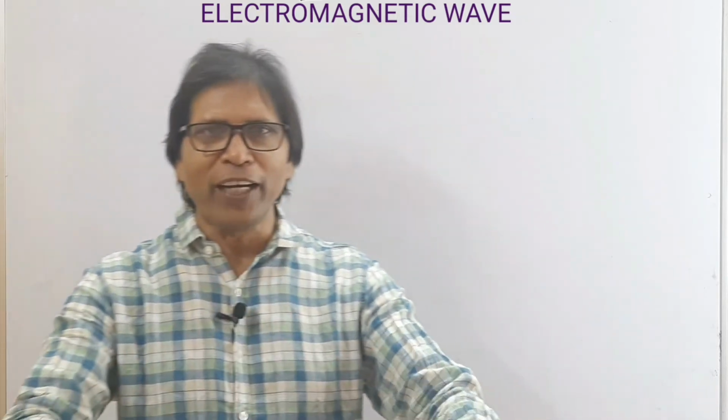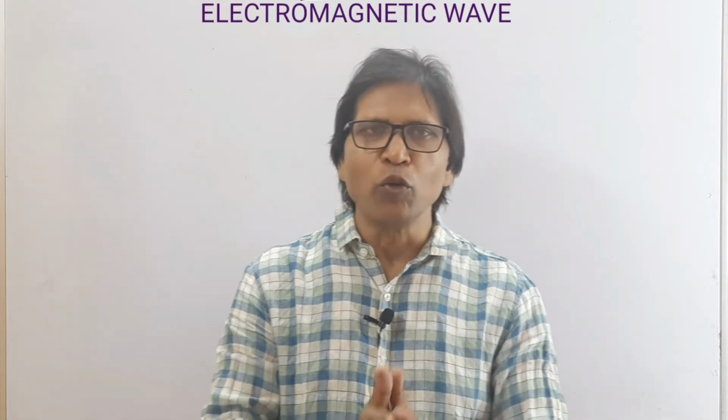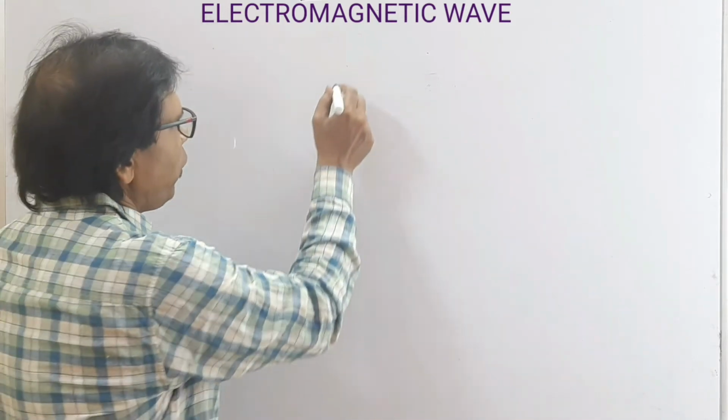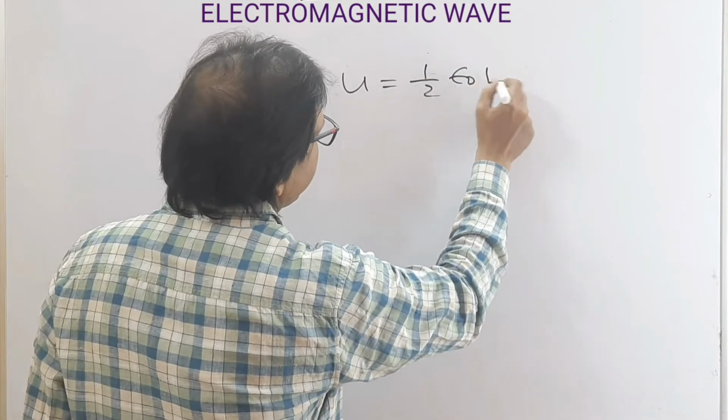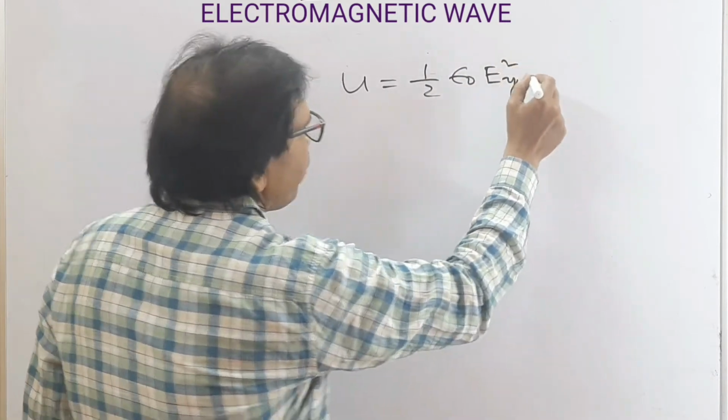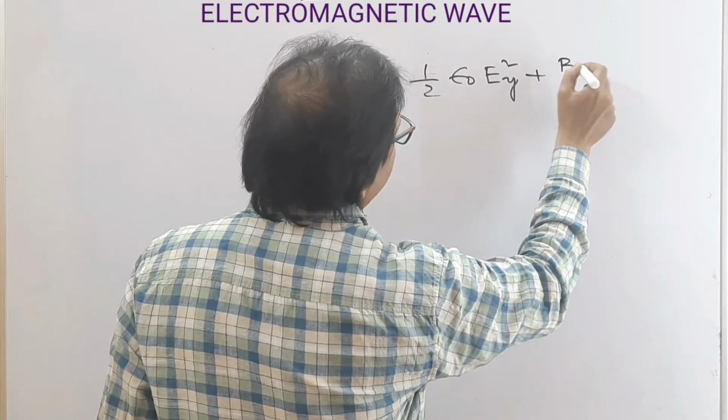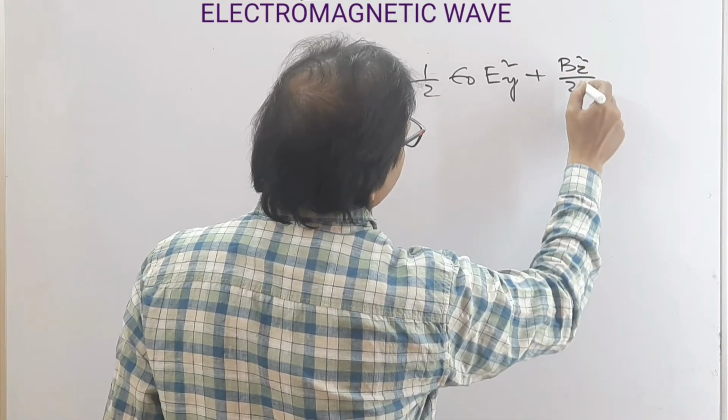Now we have to establish that the average energy density in the electric field is equal to the average energy density in the magnetic field, and this is equal to half of the energy density of the EM wave. Look at this, the instantaneous energy density of the EM wave is U equals half epsilon naught Ey square plus Bz square by 2 mu naught.